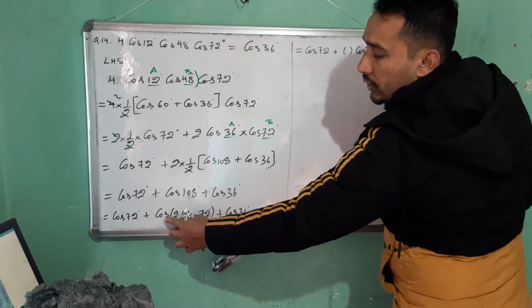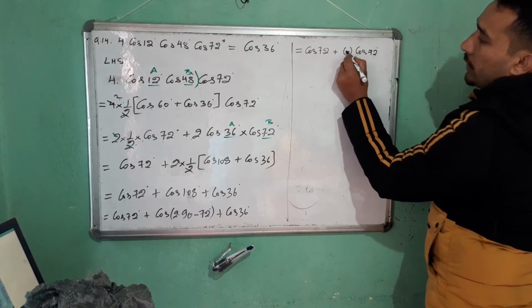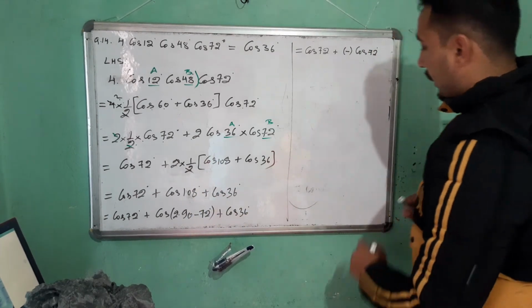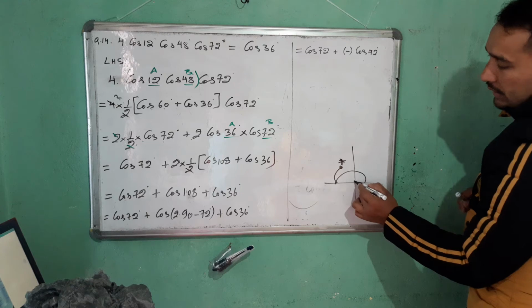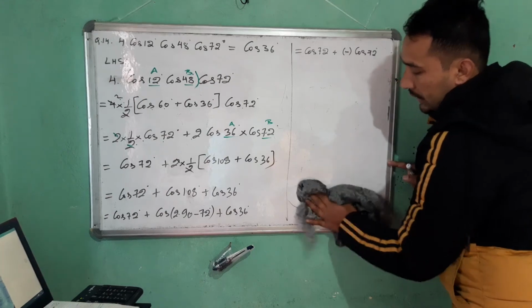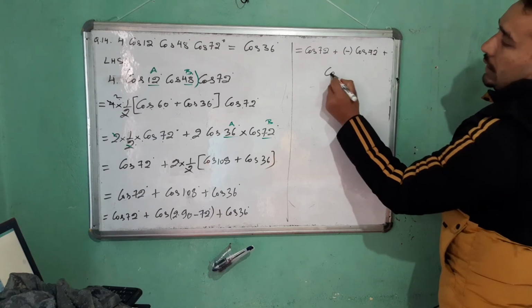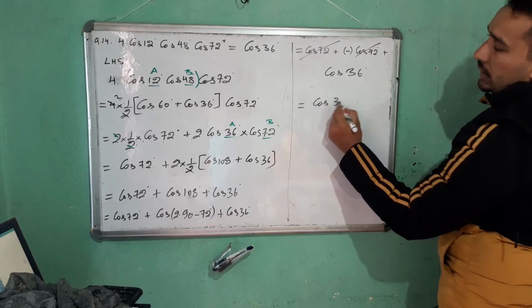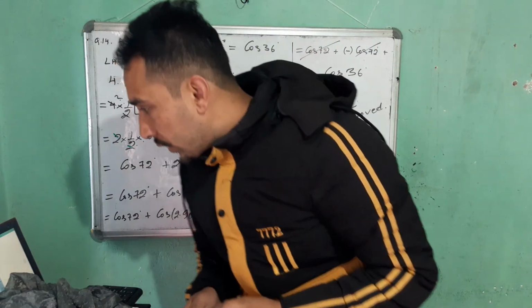N is even, so cos remains cos only, and theta is 72 degree. And here there will be a minus sign because cos 108 degree occurs in the second quadrant. 180 minus 72 means it occurs in this quadrant, 108 degree will be here. In the second quadrant cos theta is negative, that you know, we have already done in previous exercises. Plus cos 36 degree; this and this get cancelled, so cos 36 degree proved RHS.